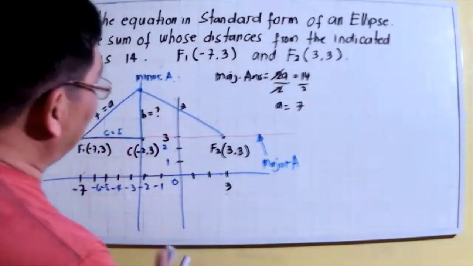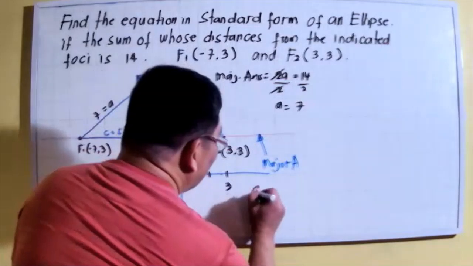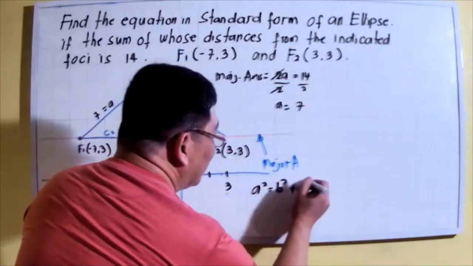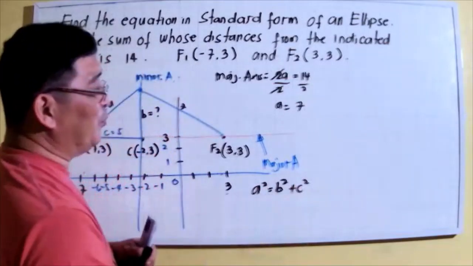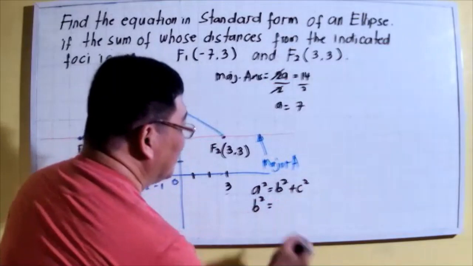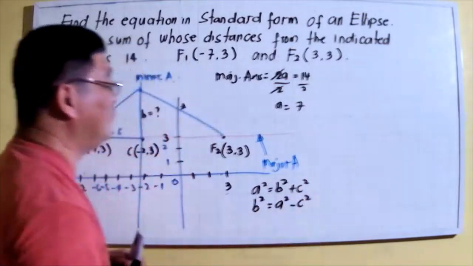So it means that a square is equal to b square plus c square. We're looking for b, so b square is equal to a square minus c square.